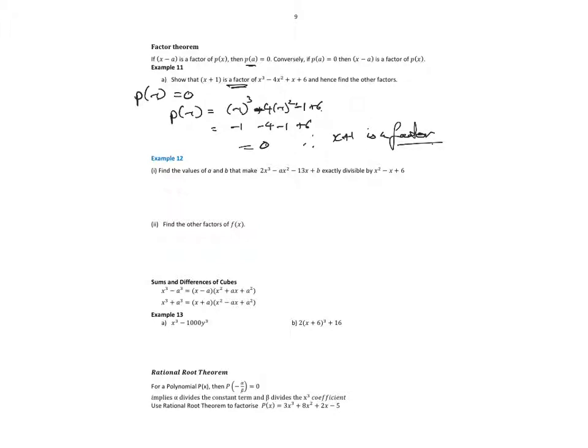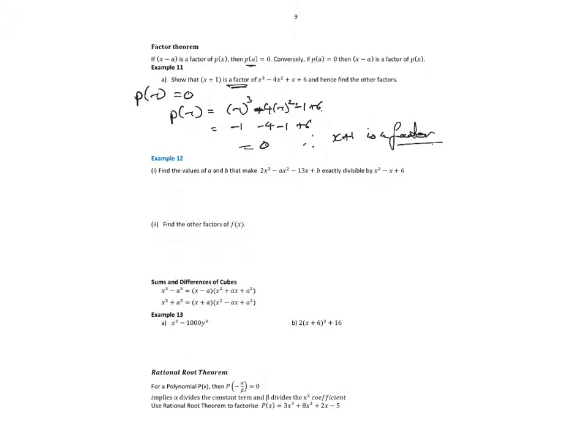Find the values of a and b that make 2x cubed blah, blah, blah, blah, exactly divisible by x squared minus x plus 6. So x squared minus x plus 6 has to divide into that particular function.